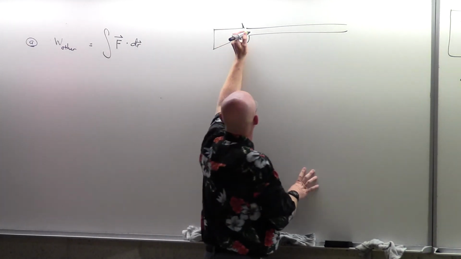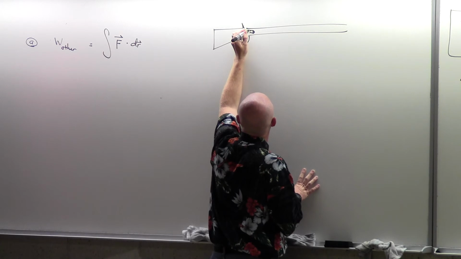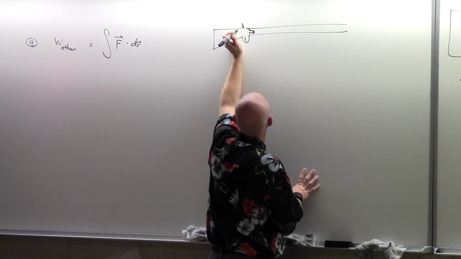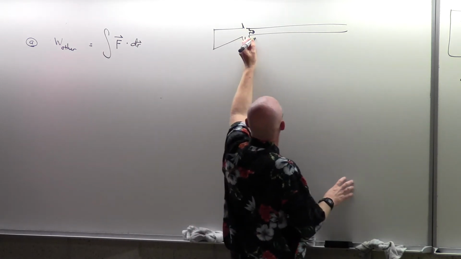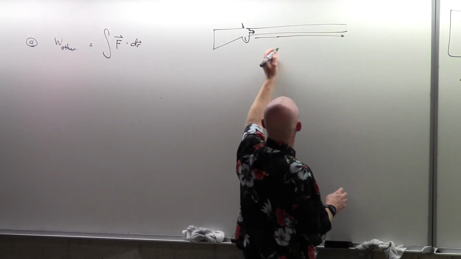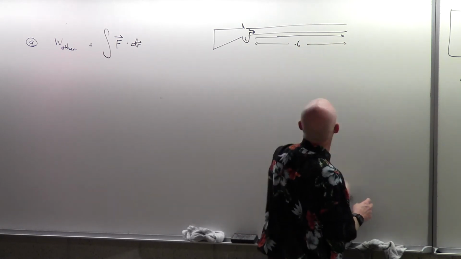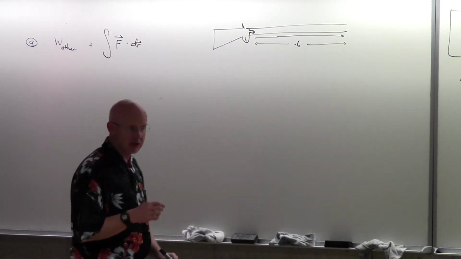But the bullet will be somewhere in here, something like that. And so the bullet is going to move along the barrel length, which they tell us has a length of 0.6 meters.